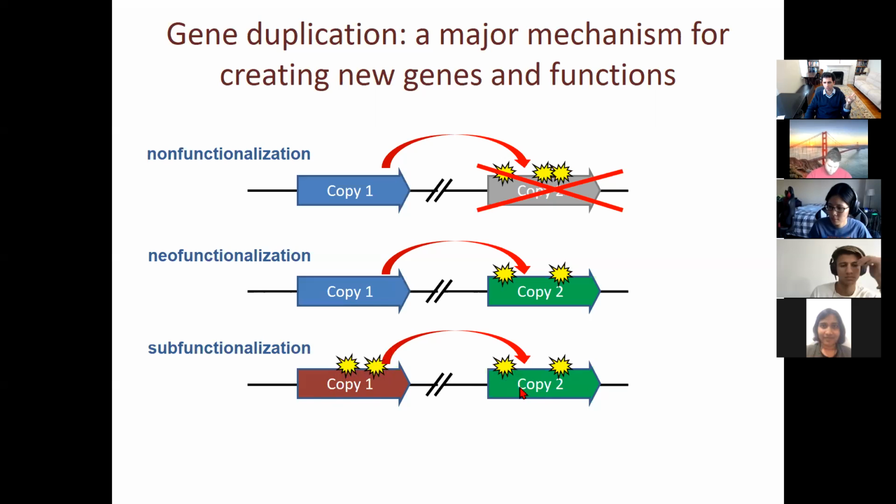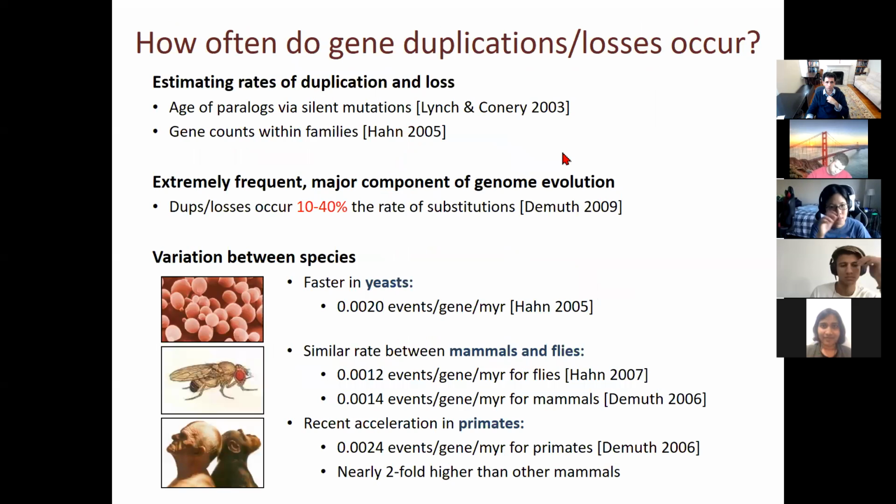Basically, after you duplicate, one copy can specialize to become a teapot, and the other one can specialize to become a coffee maker. Whereas initially you may have only been making coffee, for example, and now you have acquired this additional ability to make tea, after duplication, you can now relieve these into the two subfunctions.